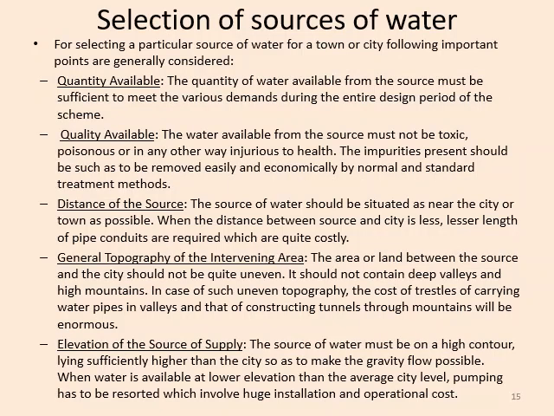Now we will discuss some points regarding the selection of water resources, because earlier we saw that there are several types of sources present on our Mother Earth, but we have to select a particular source of water to provide a sufficient amount of water for that particular area, or you can say town or city.